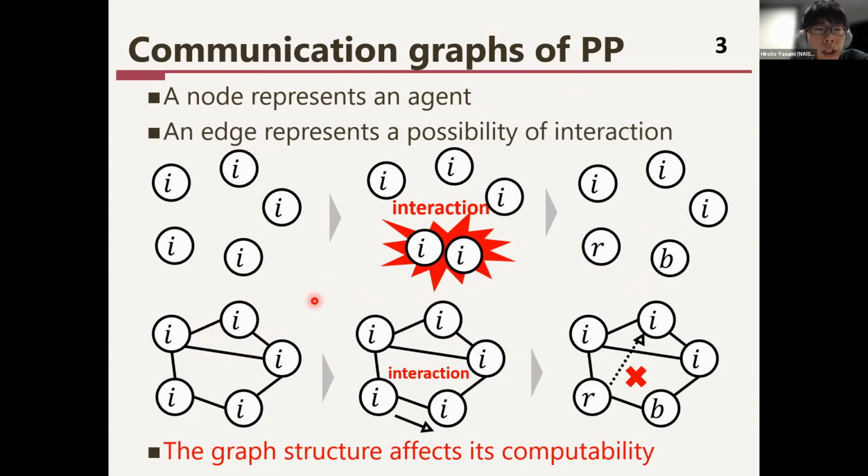In the graph, this means that the interacting agents are connected by an edge, and interaction occurs on the edge. On the other hand, if there is no edge, the agents cannot interact. So in the population protocol model, the graph structure of the communication graph affects its computability. So it is essential to understand the graph properties of the communication graphs.